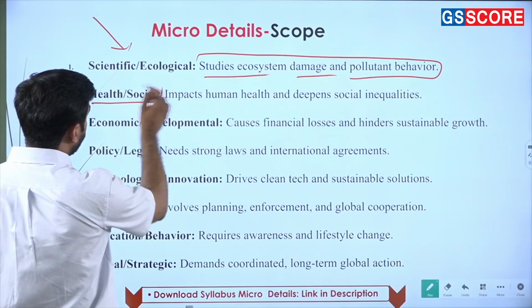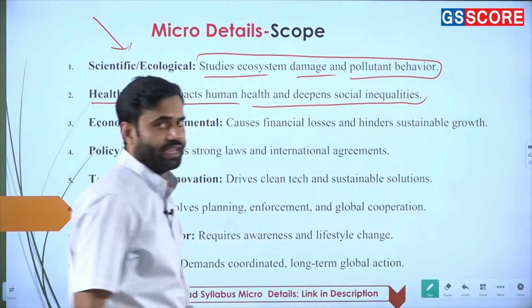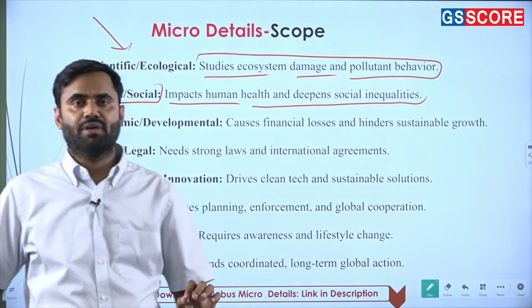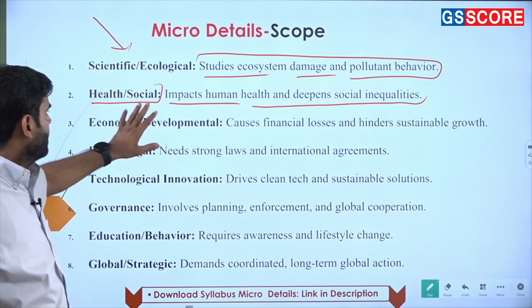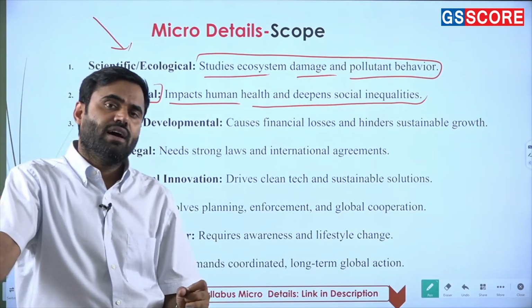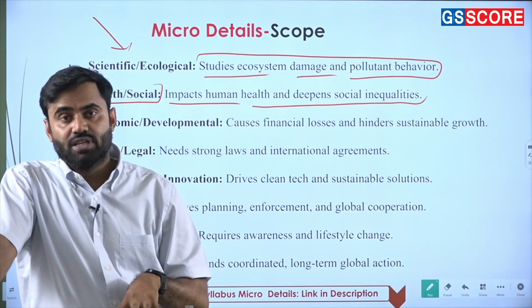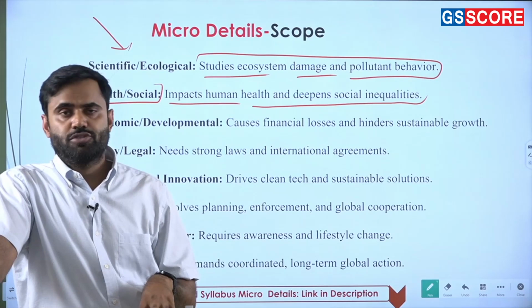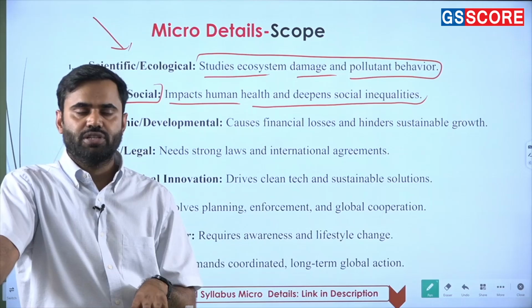Next, health and social. Impact on human health and deepen social inequalities. Okay, so here you can add poor and marginalized communities. That is a very, very important area. Health and social means what is the impact on health and what is the stratification over societies. As we know, poor and marginalized people are highly prone to being hit by environmental pollution and degradation.